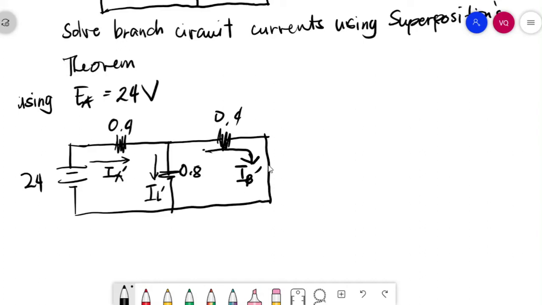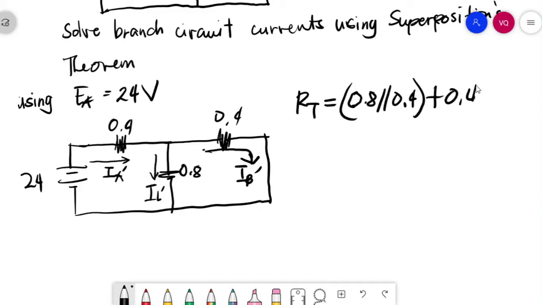So, I will just use simple series parallel. Solving for total resistance, RT is equal to 0.8 in parallel with 0.4, then in series with 0.4. So, you will get total resistance equal to 0.6667 ohms.